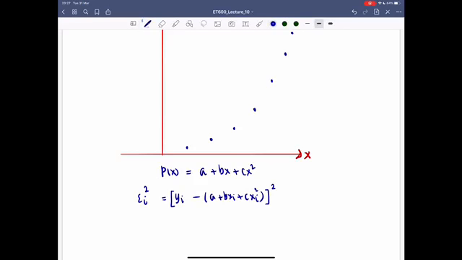But I want to minimize the summation of the square of the error, so I add them all up. Summation of epsilon sub i squared, where i runs from 1 to n because we have n data points altogether.